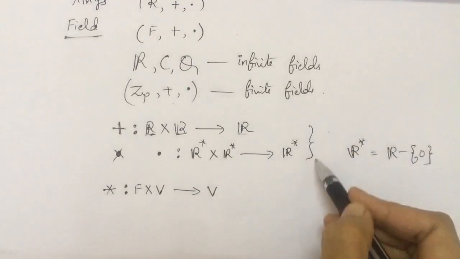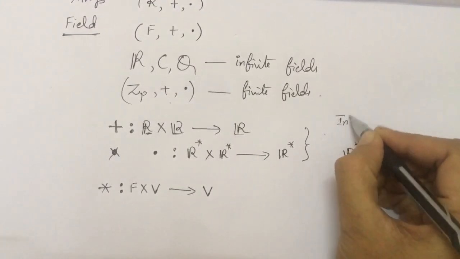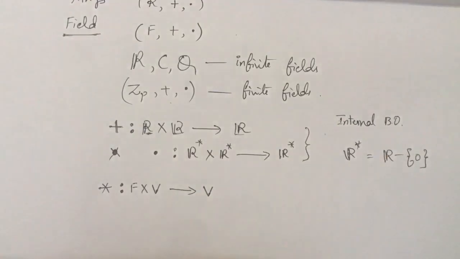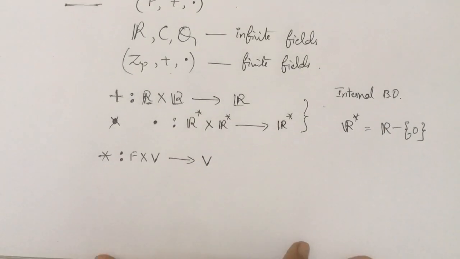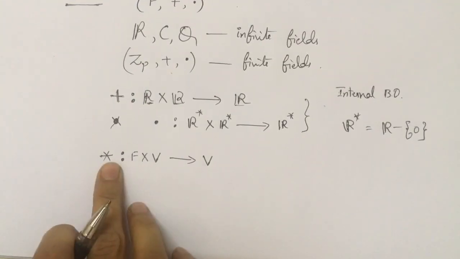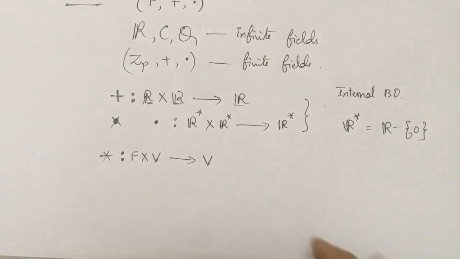So these are nothing but internal binary operations. But when I take two different sets and apply the binary operation, say star, I get an element of one set.